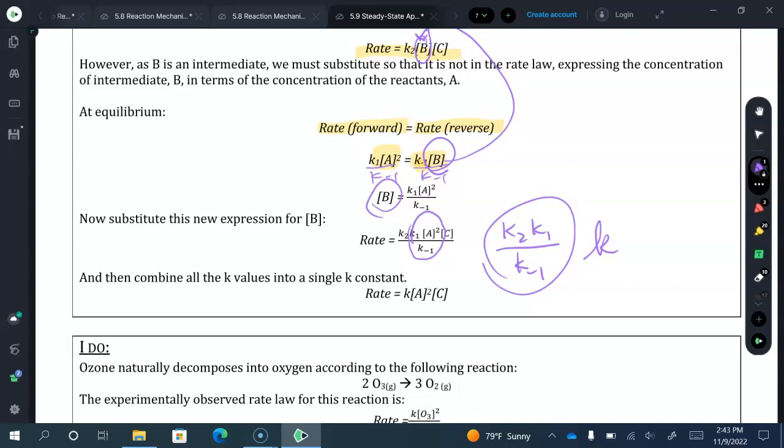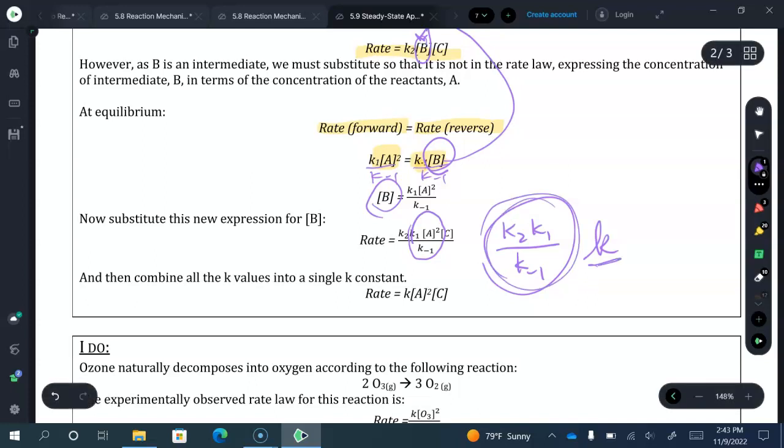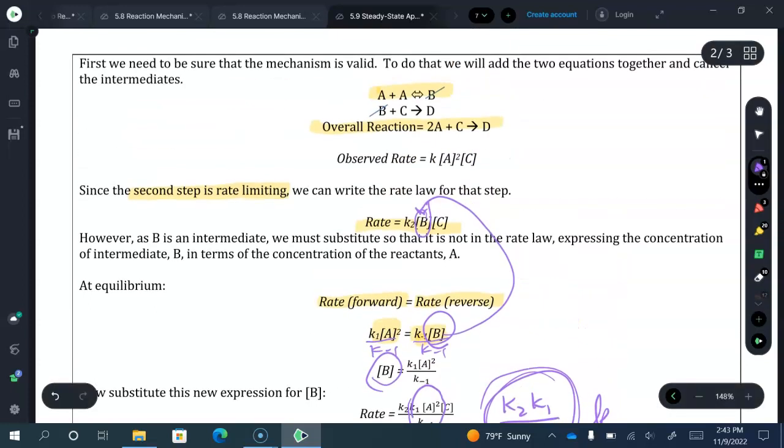It doesn't matter if we simplify them from the elementary steps, because they combine to give you an overall rate constant. So now we can simplify that into a single k value here, and we see that this does indeed give us that observed rate law here.